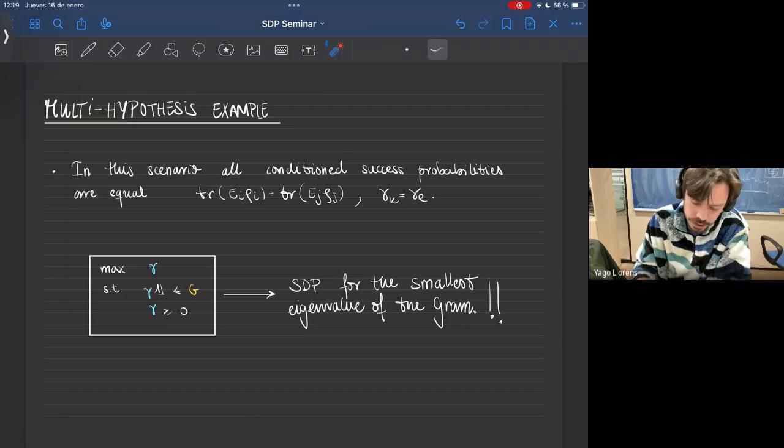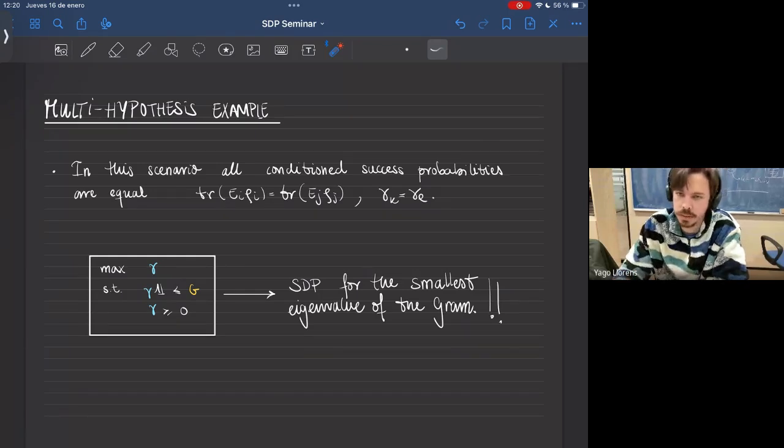So in this scenario, all conditional probabilities are equal, because the source is symmetric. And this simplifies the SDP a lot, because it's just the maximization over one scalar, subject to this scalar being positive and the identity times this scalar being less or equal than G. And as we saw last week, this is the SDP for the smallest eigenvalue of a Gram matrix.